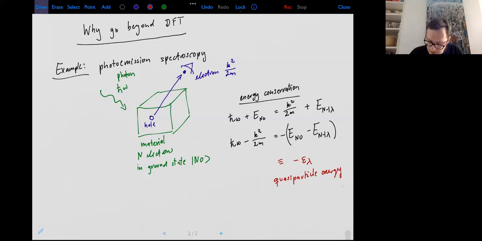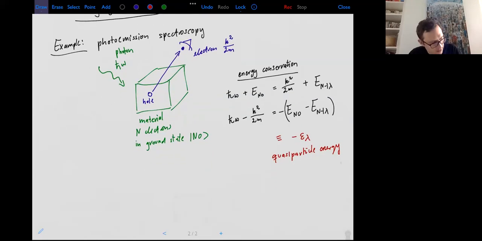And basically by changing the photon frequencies, we can map out the different quasi-particle energies that the material can have. And this allows us to reconstruct the band structure, or to measure the band structure of a material.